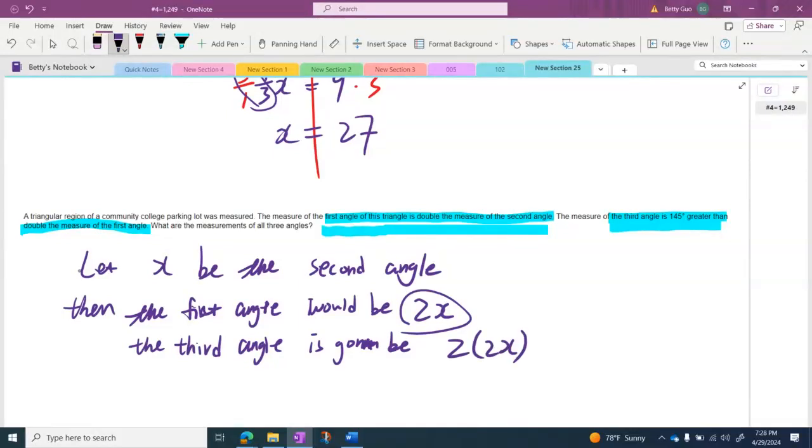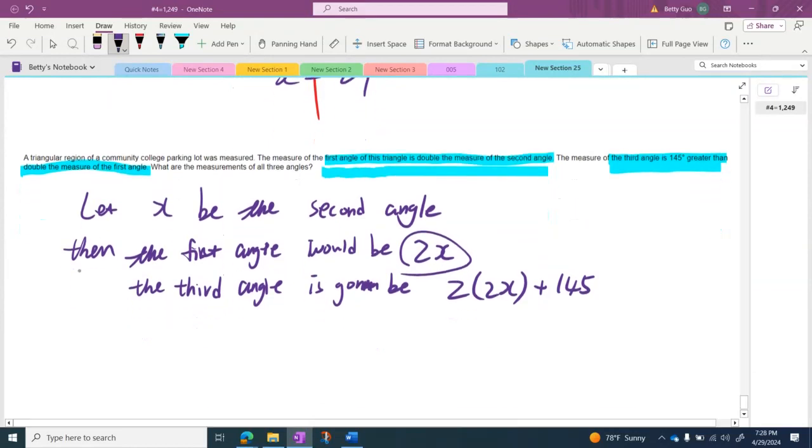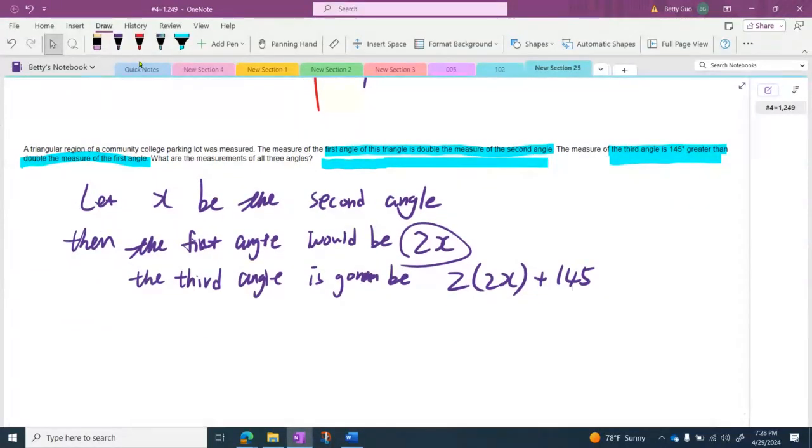Double the first, and then 145 greater than. 145 greater than twice the first. Okay, guys, do you agree? It really depends on how you understand those words. So now we have all three angles written in terms of x.